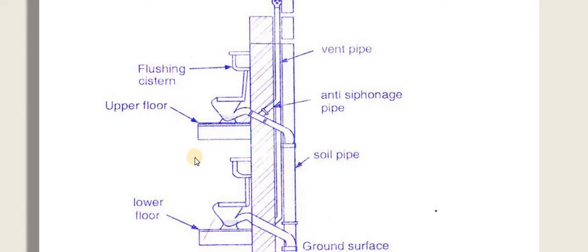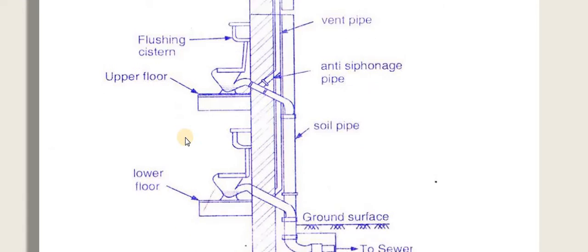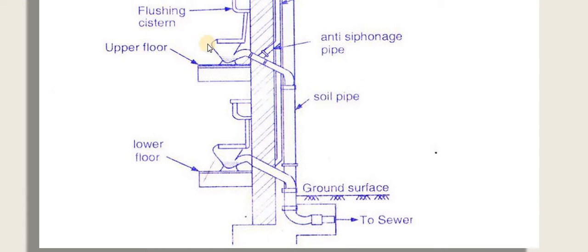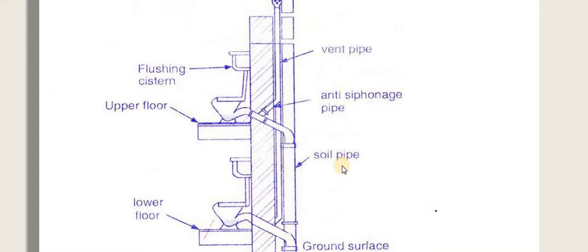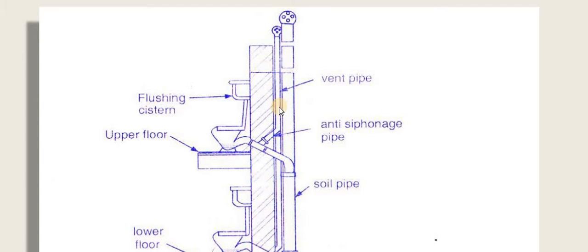So first of all, you have to understand that, say it is two floors, say it is upper floor and lower floor, first floor and ground floor, and this is the actual ground surface. This is the vent pipe, and this is the soil pipe.